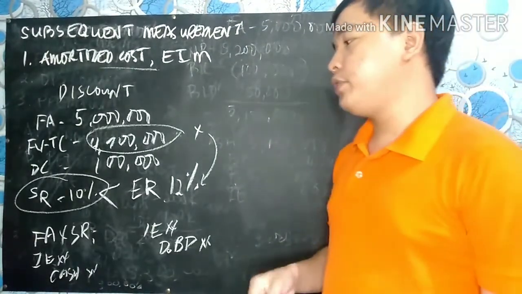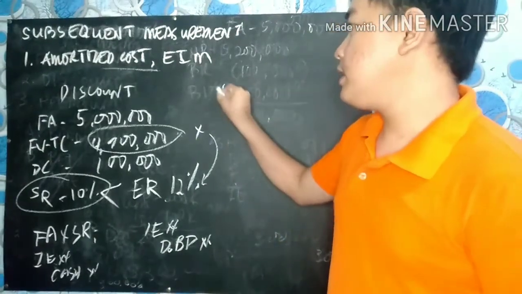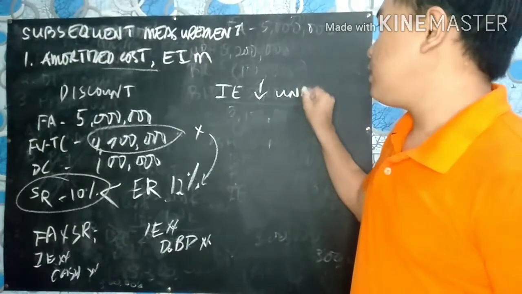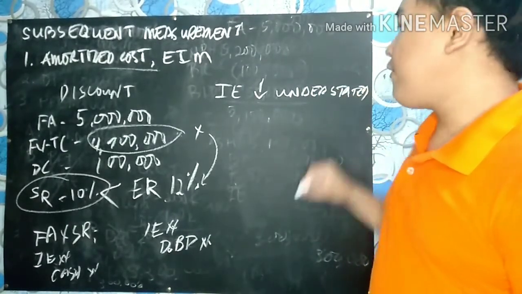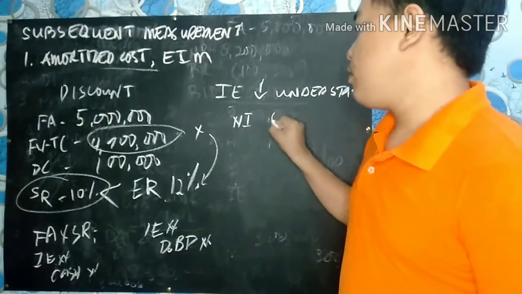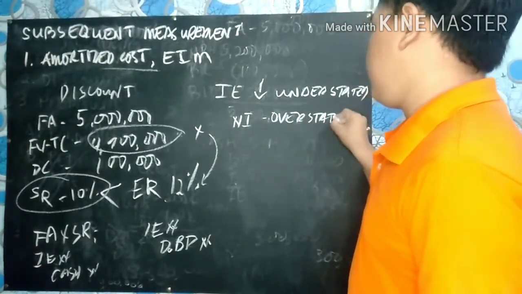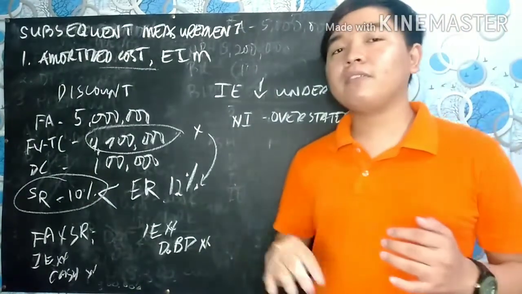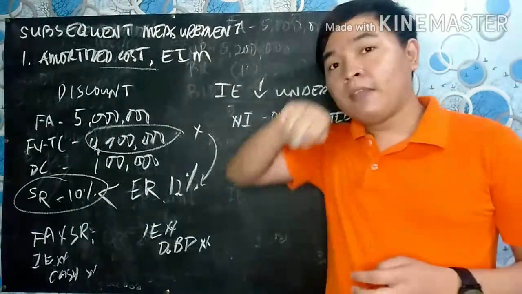Ano yung magiging effect of neglecting the amortization of the discount? Ang magiging effect po niyan is interest expense will be understated. The effect would be the net income would be overstated. Do you agree? Of course. Kasi kapag mas mababa yung na-record mo na interest expense, mas malaki yung magiging net income natin.